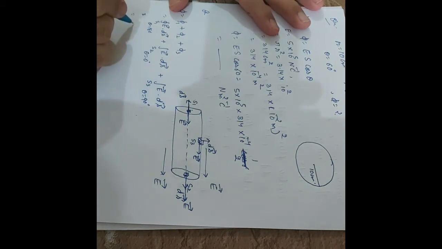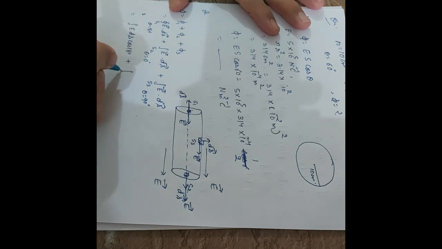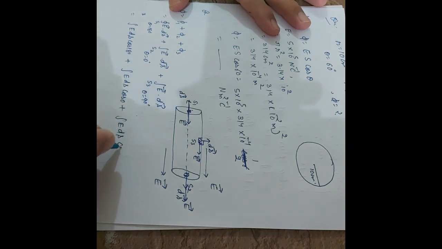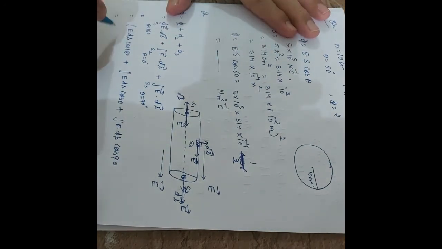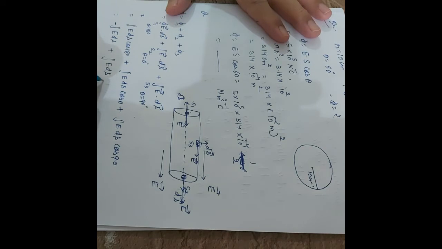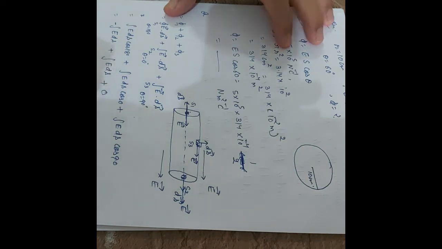So I can say that the integration of E · dS is ∫E dS cos 180° plus ∫E dS cos 0° plus ∫E dS cos 90°, and cos 90° is equal to 0. So this is the integration of E dS with negative sign plus E dS, and 0.